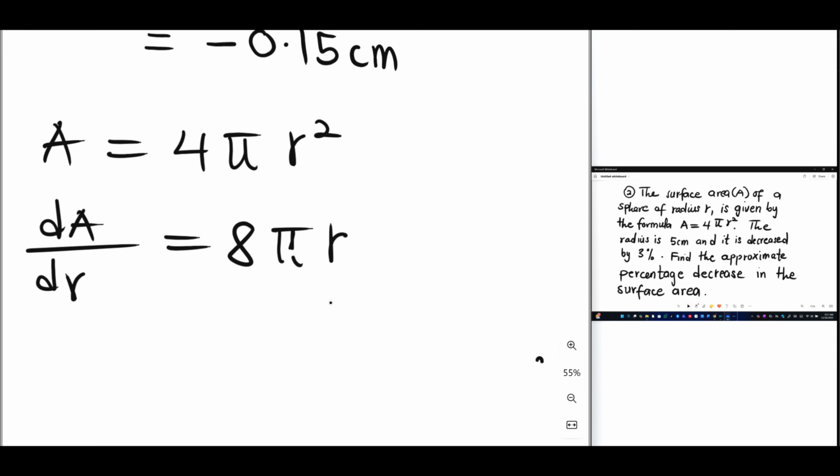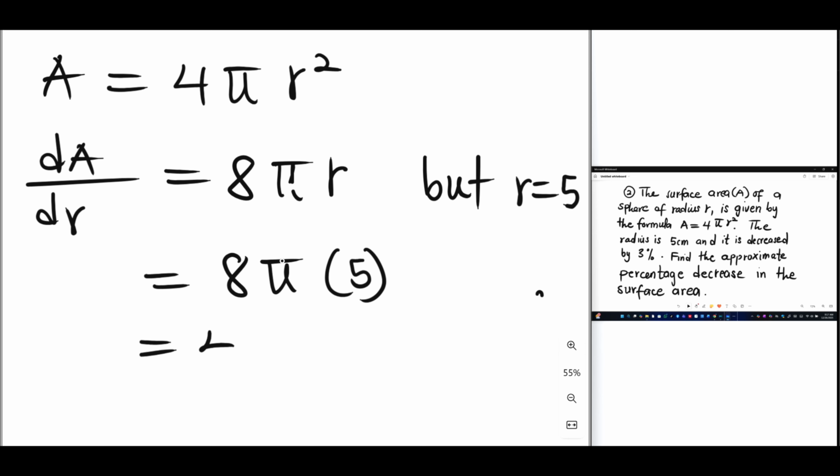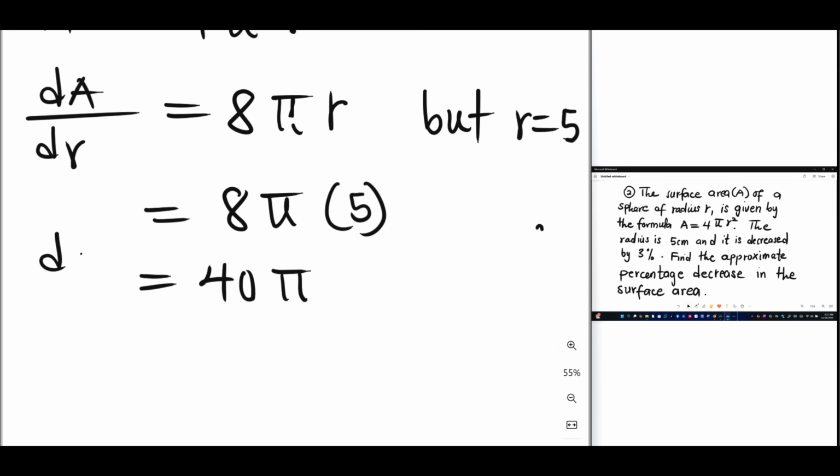Okay, so this is what we have obtained. But our radius is 5, so we need to substitute 5 for r. So we are going to get 8 pi multiplying 5, and this will give us 40 pi as our dA/dr.